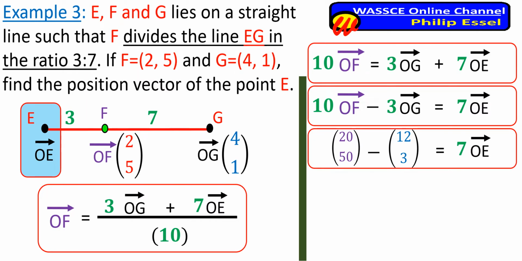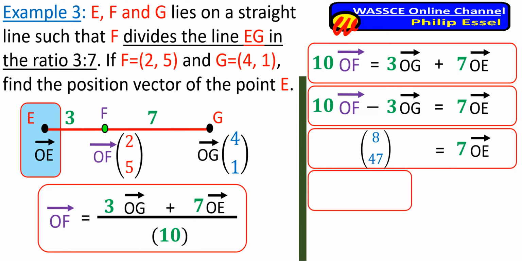When you do this simple calculation, you'd get the vector 8, 47. This means that the vector 8, 47 is equals to 7 of the vector OE. We can rewrite this expression in this way. Our 7 of vector OE is equals to the vector 8, 47.